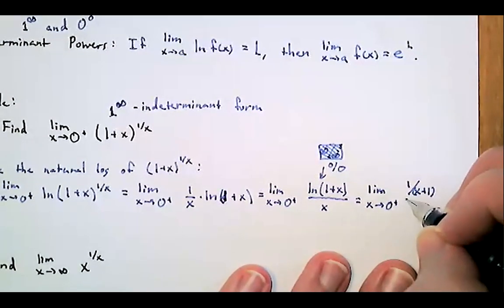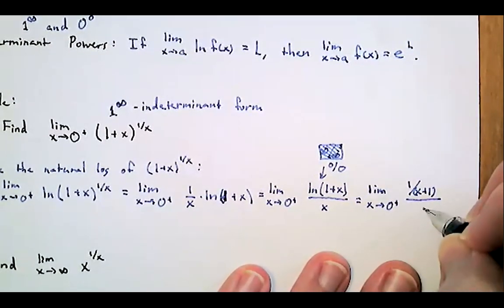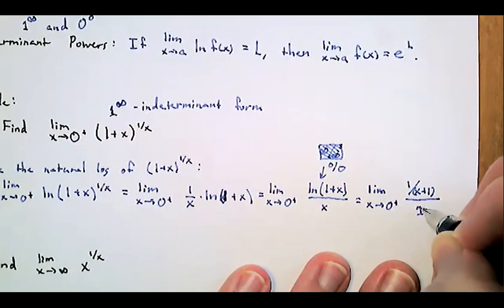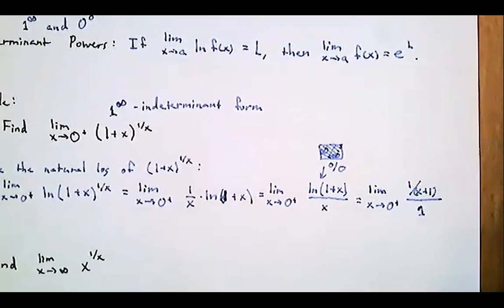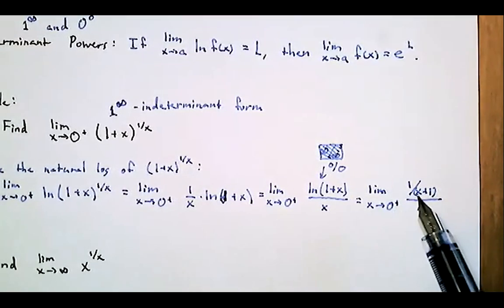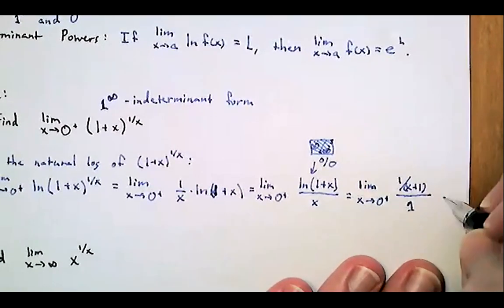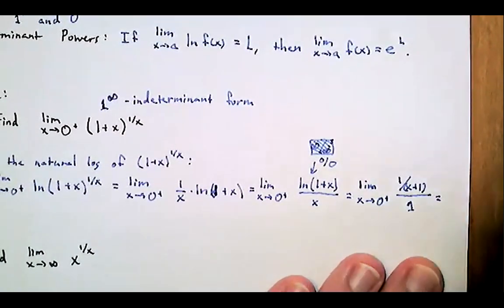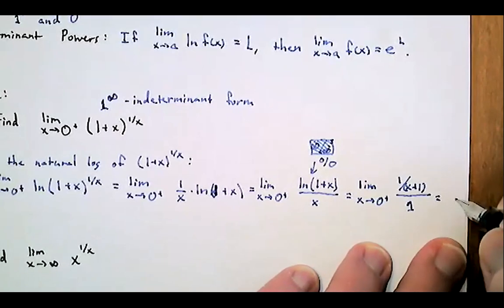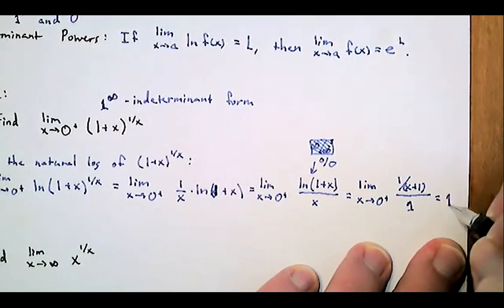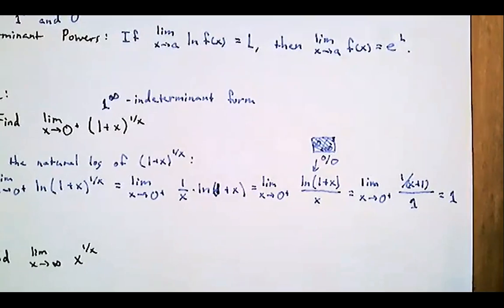So we don't have to worry about the inner derivative. Okay, and then the derivative of x is 1. At this point, we can actually just plug in 0 since we're not dividing by 0 anymore. And if you work that out, you're just left with a whole bunch of 1s. 1 divided by 1 divided by 1. So that comes out to 1.